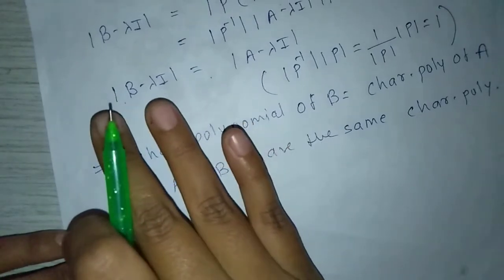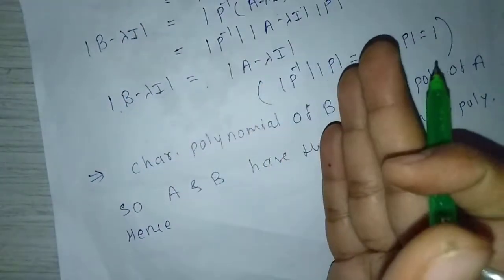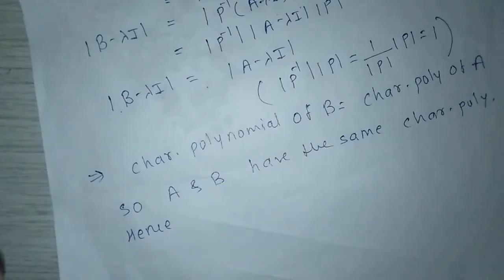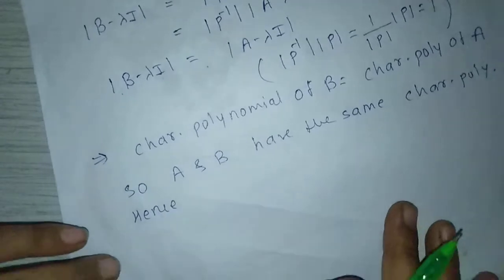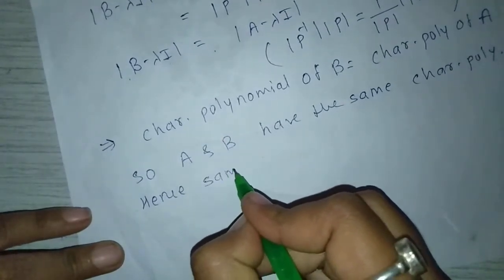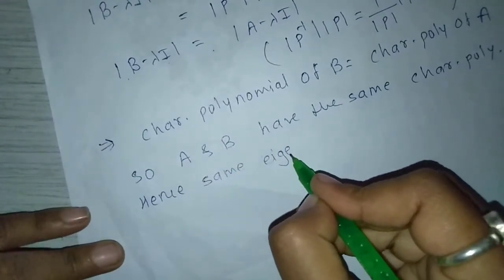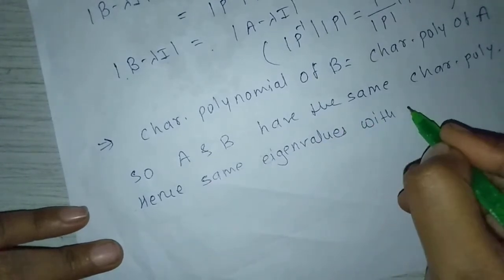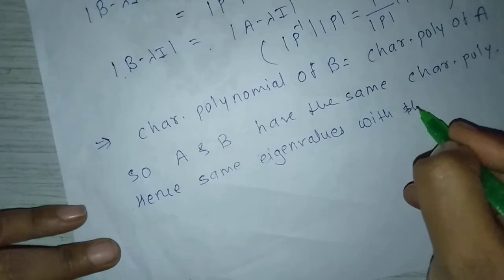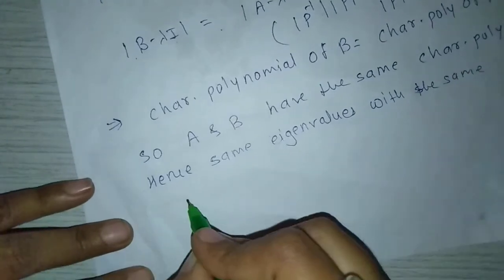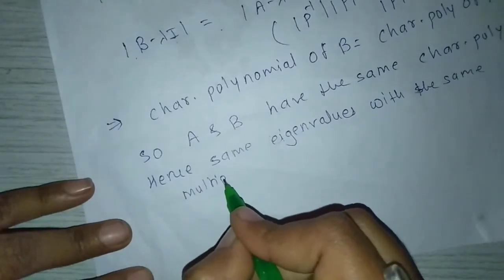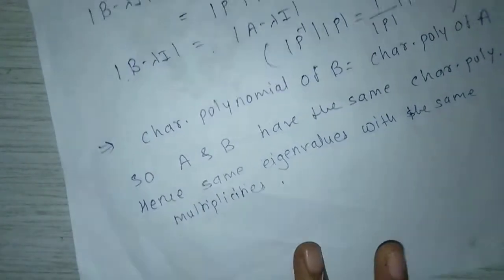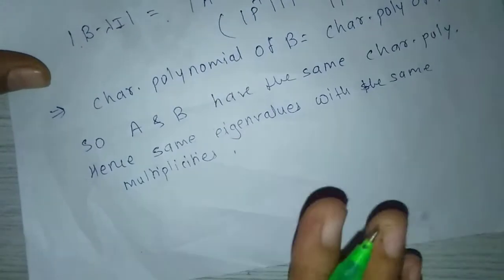When you equate determinant of B minus lambda I equal to 0 and determinant of A minus lambda I equal to 0, you get the same eigenvalues of A and B. Hence, same eigenvalues with the same multiplicities. Here the theorem is proved.